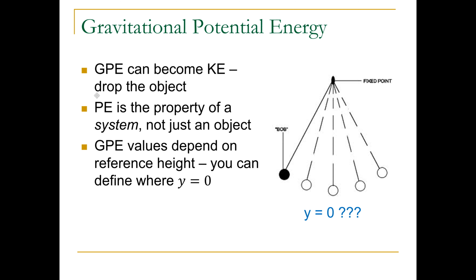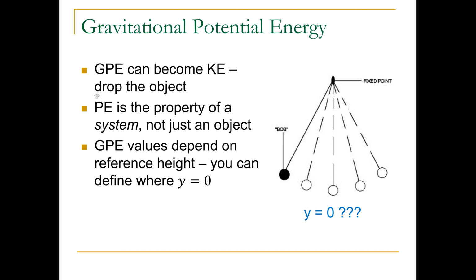Again, the potential energy is not just of the pendulum itself, it's a potential energy of the pendulum and Earth system. And one thing with all of our forms of energy, but especially important with gravitational potential energy, is you get to set the reference height. This is similar to motion, where you get to set what zero velocity really means.